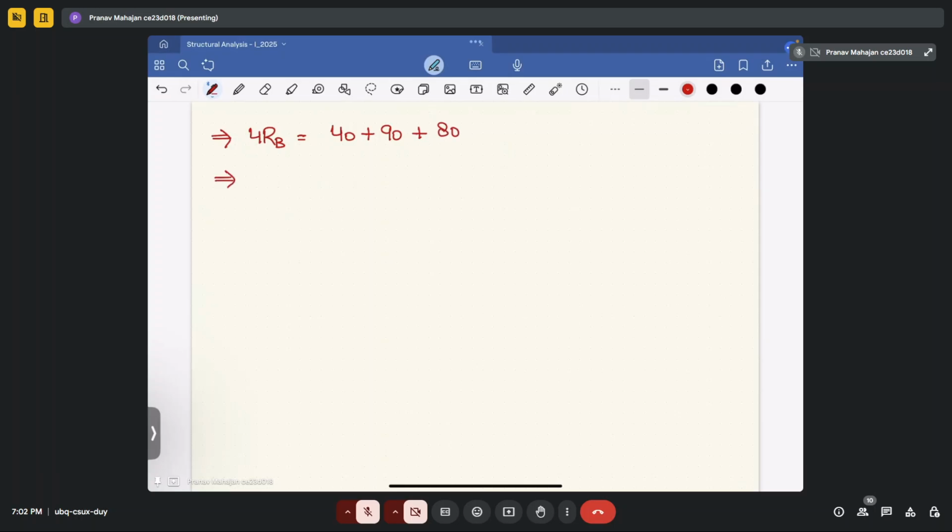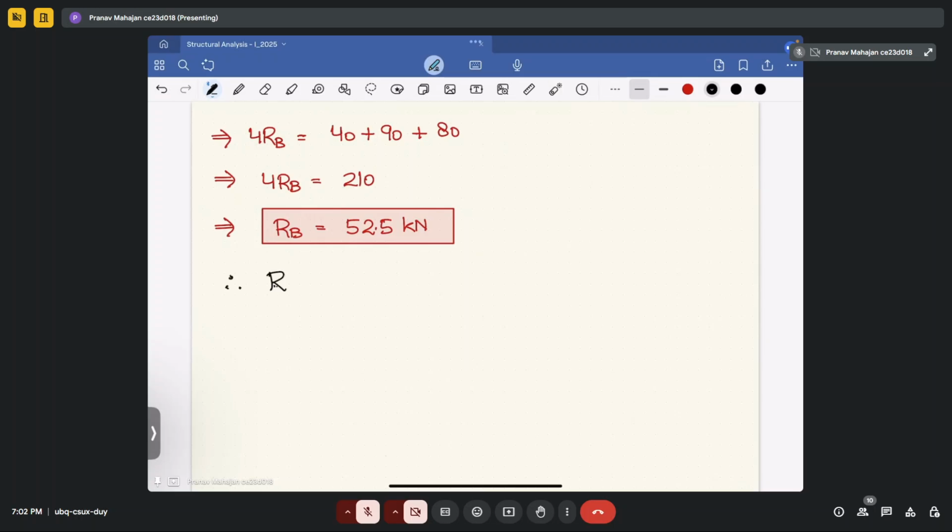So that means your 4RB will be equal to 210. That means your RB is equal to 52.5 kilonewton. Fine. Now from this we can calculate RA.